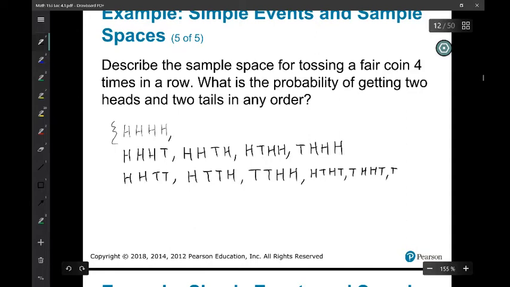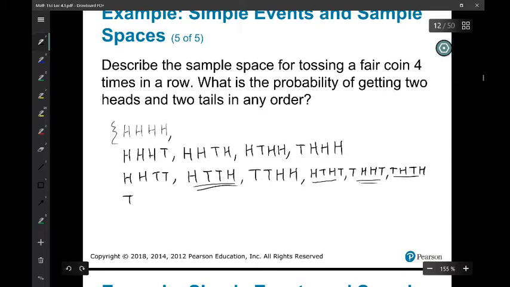You could do T, H, T, H, which matches up with that. Just as this permutation and this permutation match up together. And yeah, that exhausts the possibilities for 2 tails and 2 heads.